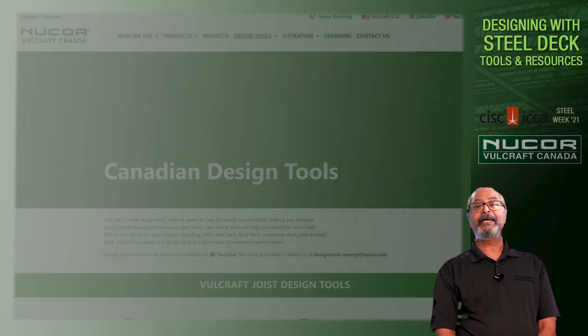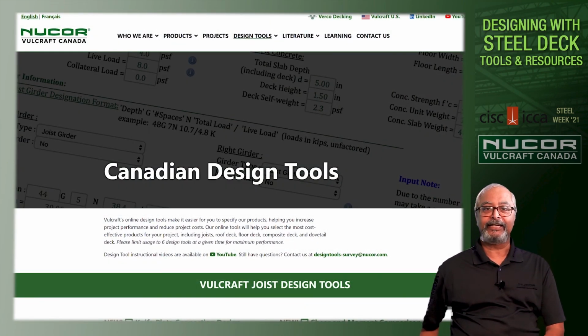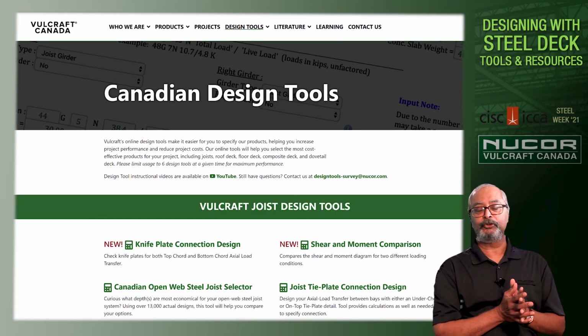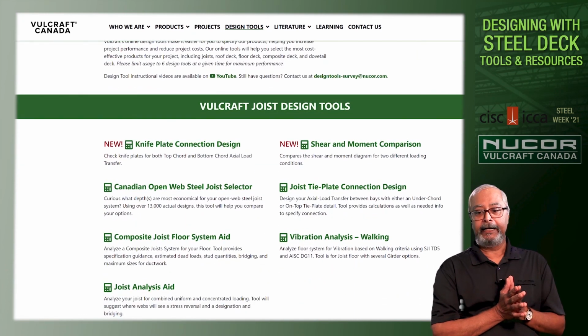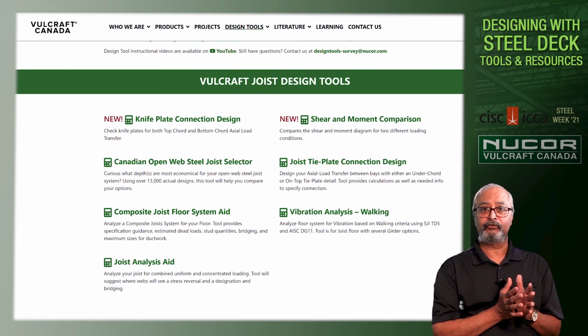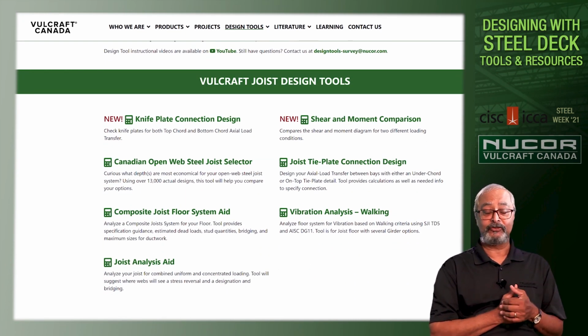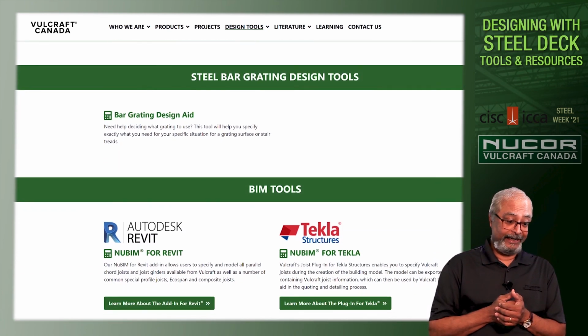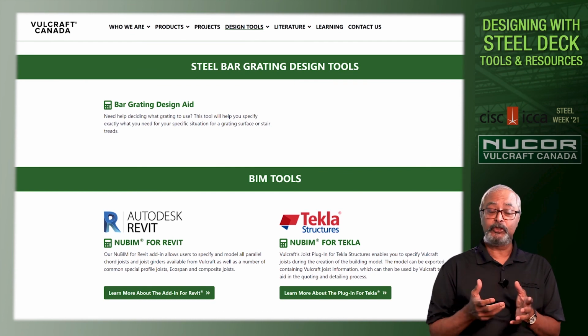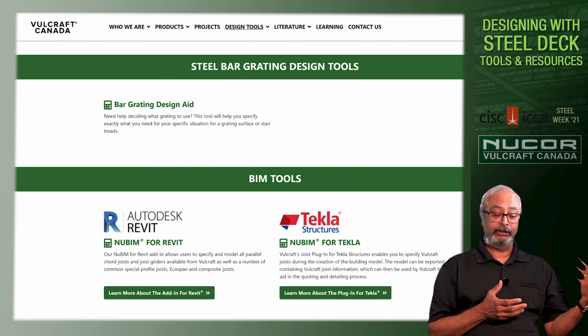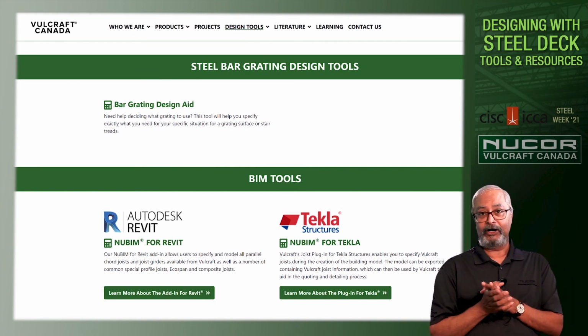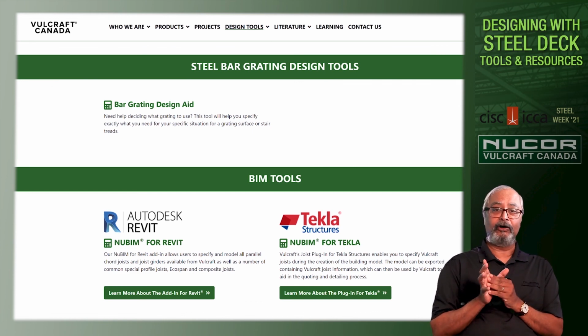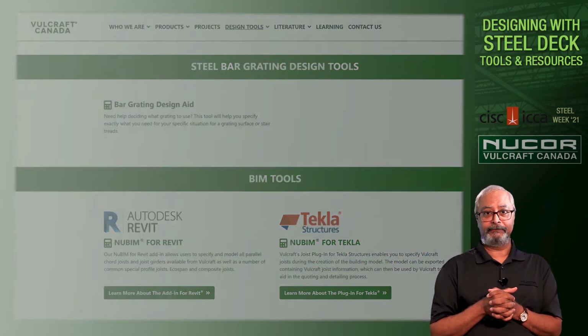Yes, the website, in addition to the deck design tools, also provides you some calculators for the joists as well as for the steel grading. And if you go further down, you will find BIM tools that you can download, whether to run under AutoCAD's Revit or Tekla Structures.